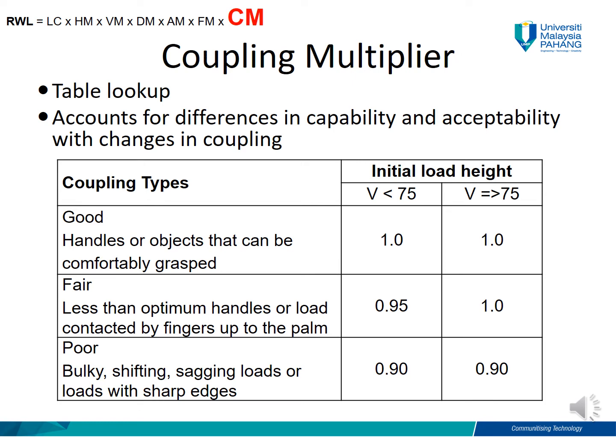If the vertical load height is less than 75, you use the left side of the initial load coupling multiplier. If the vertical load height is a minimum of 75 and above, you use the right side of the initial load coupling multiplier.